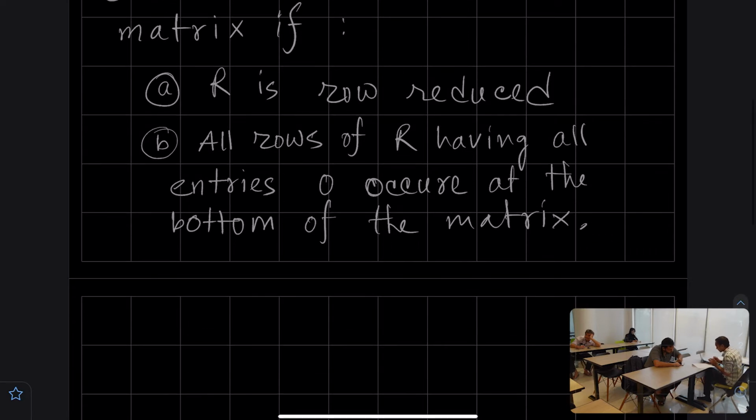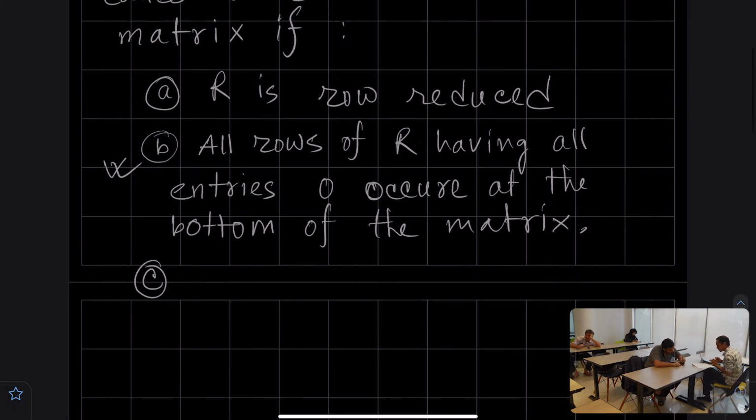And finally, what this (c) is implying I will discuss a little bit later. So let me finish the definition.